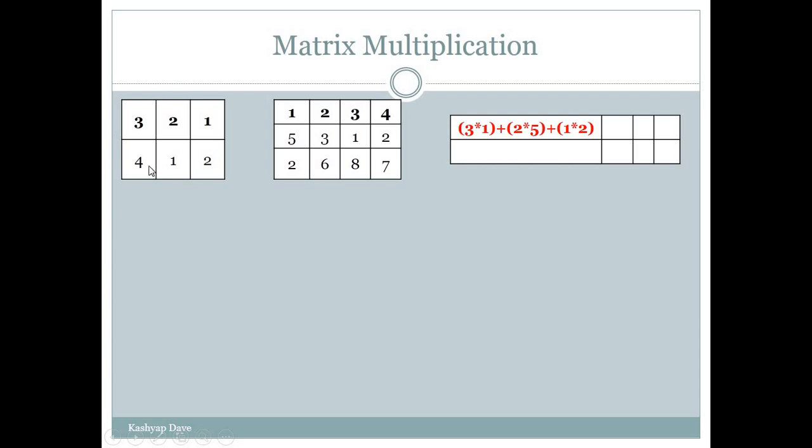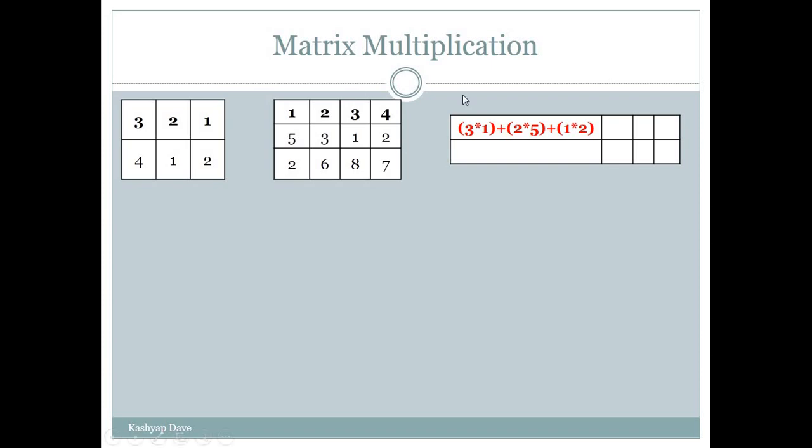Because our first matrix has 2 rows and our second matrix has 4 columns. You will understand this by an example, and this topic is already covered in your mathematics courses. So this is a very basic topic, matrix multiplication.